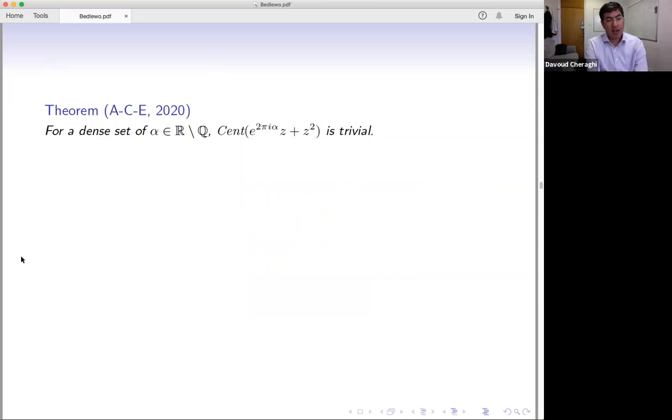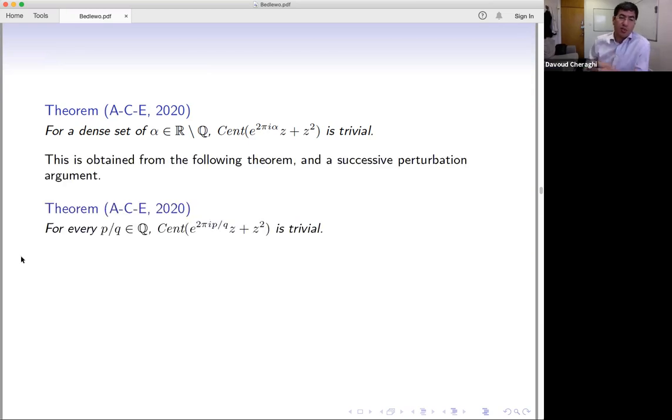For a dense set of alpha in R minus Q, the centralizer of this quadratic map is trivial. The argument is very similar to the standard family, but I avoided talking about the standard family because of these Arnold tongues and some technicalities that come up. Otherwise, the argument is very similar.